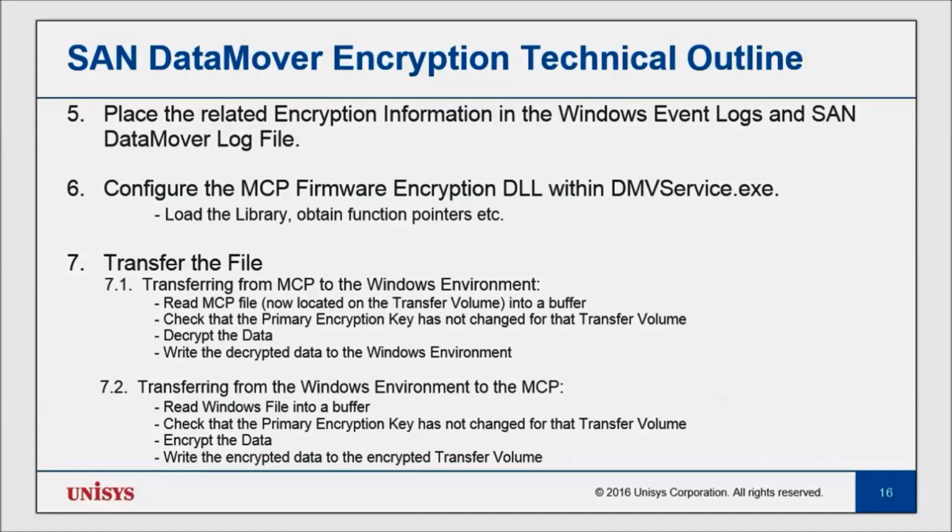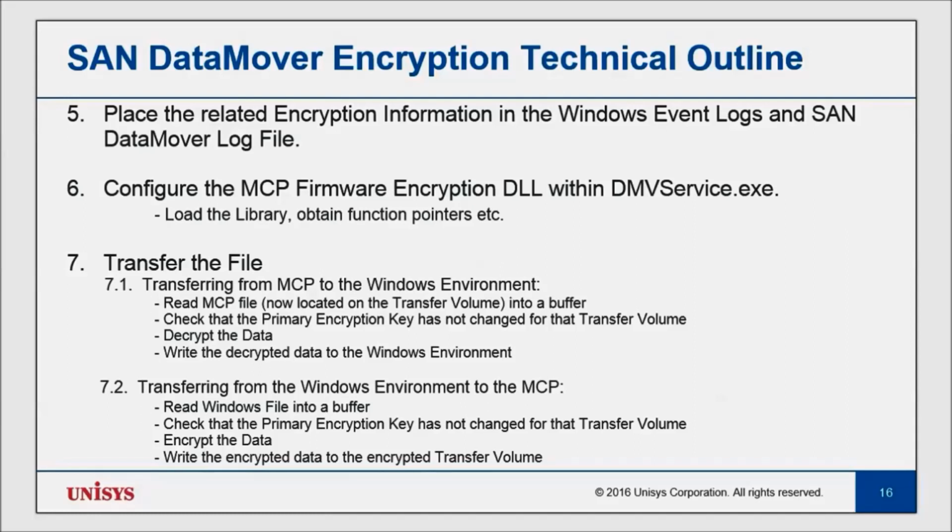Now we have to configure the MCP firmware encryption DLL within the DMV service. DMV service is the executable that takes care of the transfers between the Windows and MCP environments. So this DLL has to be loaded. We have to obtain the function pointers. Step 7 is where we actually transfer the file.